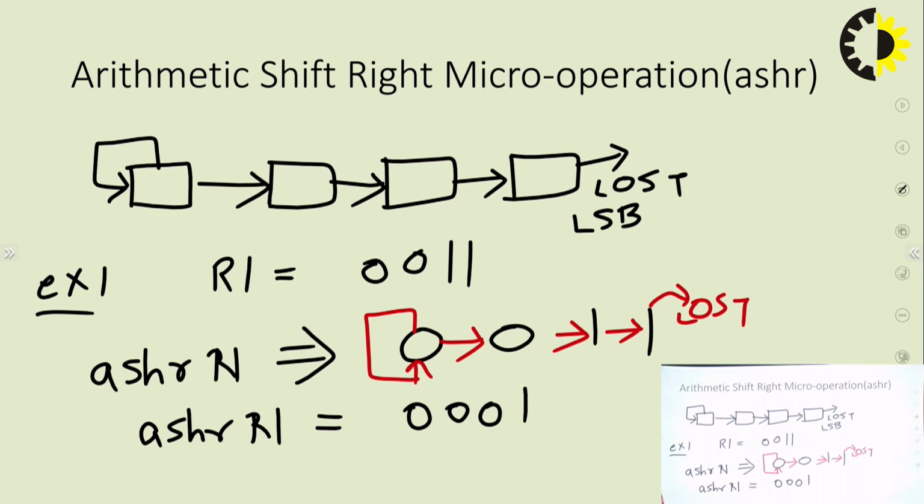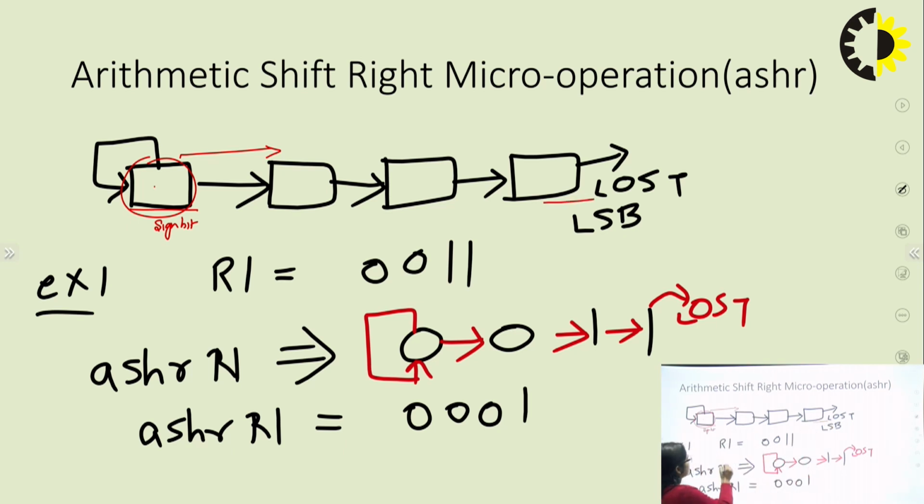Next is the arithmetic shift right micro operation. Here we take the first MSB as the sign bit value. Including this value, we are shifting the bit positions of the register, and the last bit, or LSB, will be lost.